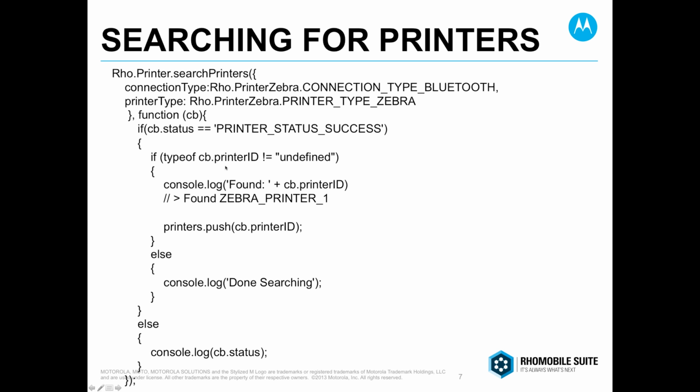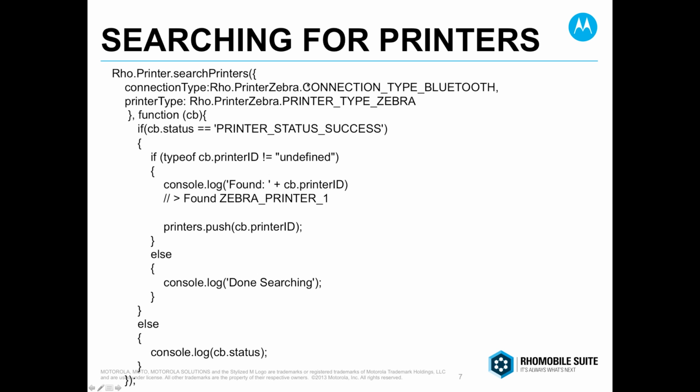So, searching for printers. I want to give you a flavor of the printer API. It's Rho.printer. We do have Rho.printer interfaces. We also have Rho.zebra printer, or printer zebra, that is. You can see that we're going to call search printers.